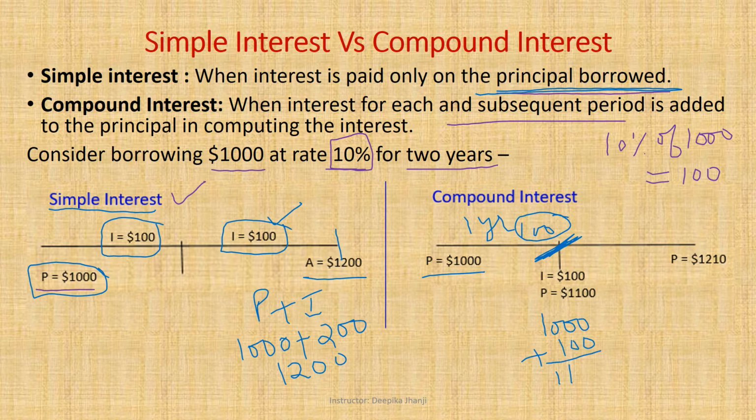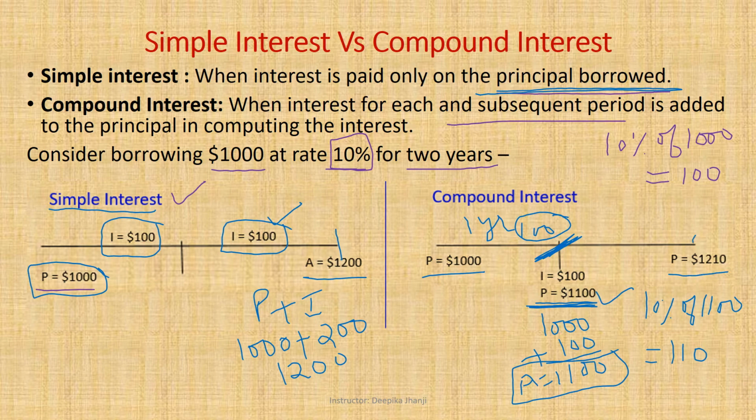So this is 1100. This amount after 1 year becomes the principal for the second year. So now we have principal 1100, and we're going to end up by paying 10% of 1100 now, which is 110. So our amount by the end of 2 years would be 1100 plus 110, which is 1210.